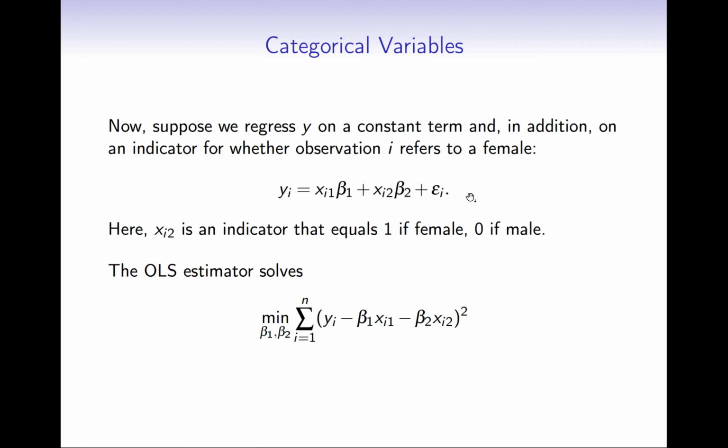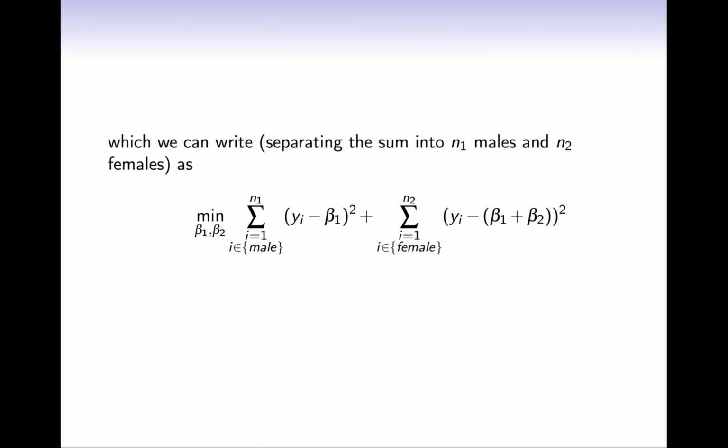I'm assuming these observations correspond to different people. It equals 0 if person i is male. So the OLS estimator is solving this problem here. Note that we have two unknowns, and we would have to take the derivative with respect to each of these and then solve for them to get beta 1 hat, beta 2 hat.